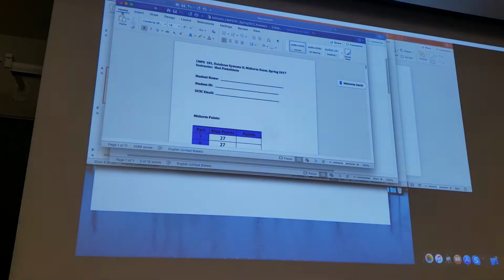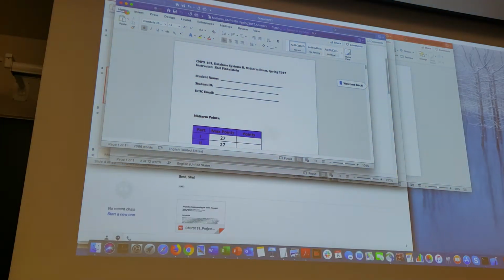The comment is that on a lot of questions people gave moderately vague answers, which didn't get as much credit as answers that actually specified a little bit more. I'm not expecting you to give answers as detailed as the ones that I gave, but even so, the idea is to give semi-reasonable answers that show that when I ask you to describe or explain, you actually describe or explain.